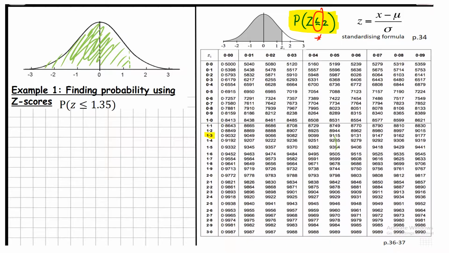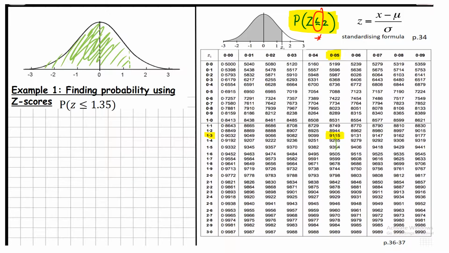You might notice I have 1.3 here, but to get that extra 5, I have to look across the top. This is 0.05. What we do with the extra bit along the top is add it on. So I have 1.3 and I'm adding in 0.05, which is 1.35, which is what I'm looking for. If I highlight this, that is my answer here.